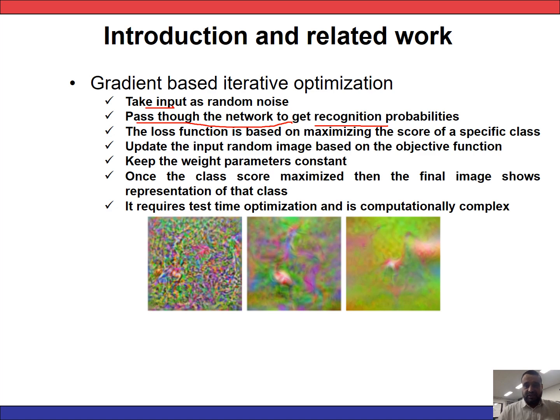So they pass this noise image as input to the neural network, and they wanted to know what is learned for the first class. So for the first class they fix this label 1 0 0 0 0 0 at the output, and then they provide this noise image as input to the neural network.